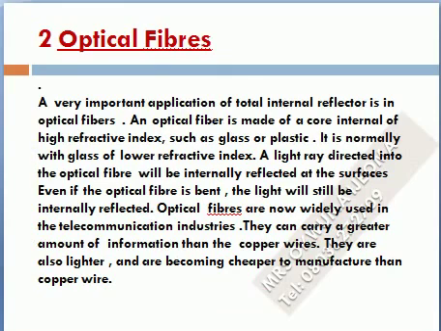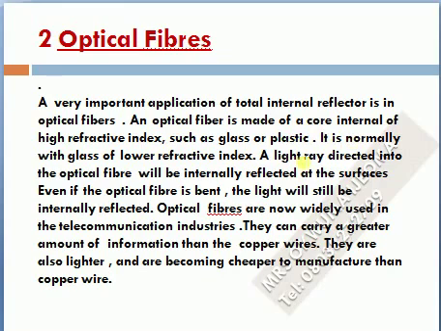Now, a very important application of total internal reflection is found in optical fibers. An optical fiber is made of a core of high refractive index, such as glass or plastic.